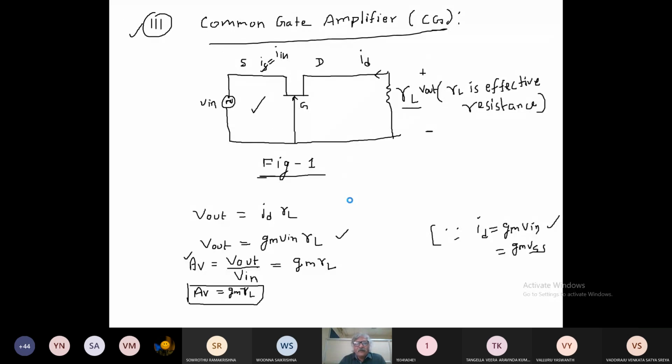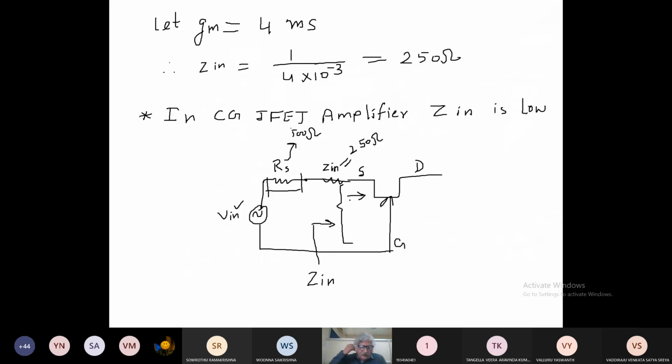Due to this reason, the common gate amplifier has very little application, so it is generally not used.